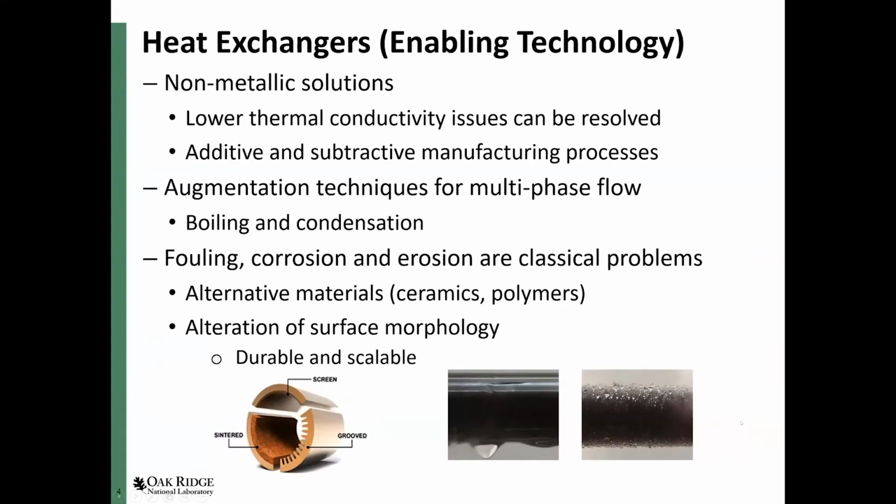So moving on, as I noted earlier, there are obviously several opportunities to explore non-metallic solutions when it comes to the heat exchanger devices, because there is actually a general misconception that thermal conductivity is important, and that's why we have been relying on the metal-based solutions. Well, the fact is that if we choose the right design, I can use something which is much less thermally conductive and still achieve the performance. We have to look at additive and subtractive manufacturing approaches in order to realize those designs.